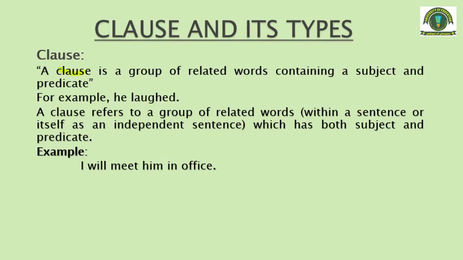Now the question arises, which sentences are called clause? So, for a sentence to be called a clause, there are two conditions. There are two necessary things that must be there in the sentence for it to be called a clause. What are they? Well, let's move towards that.